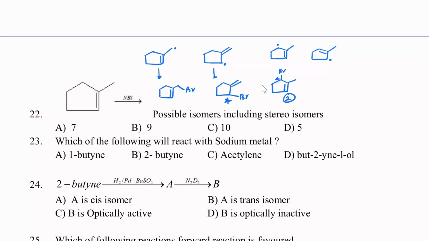So which is 2. Okay. One second, did I miss out on anything? Getting bromine on that side is 2.